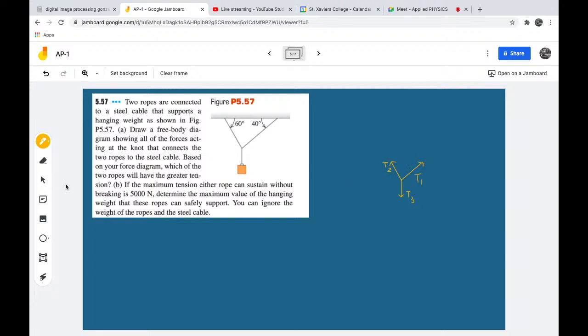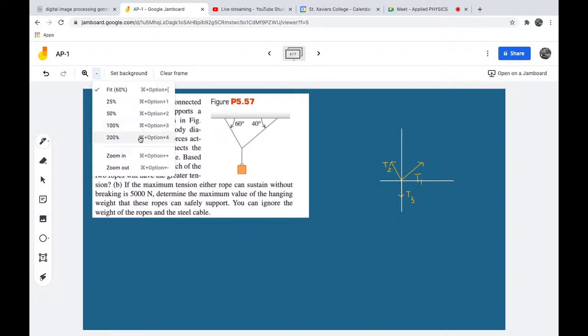So, one of the ways to resolve your forces would be along the vertical and along the horizontal. That is how I can resolve. Technology gives me a zooming option as well. So let's use it.